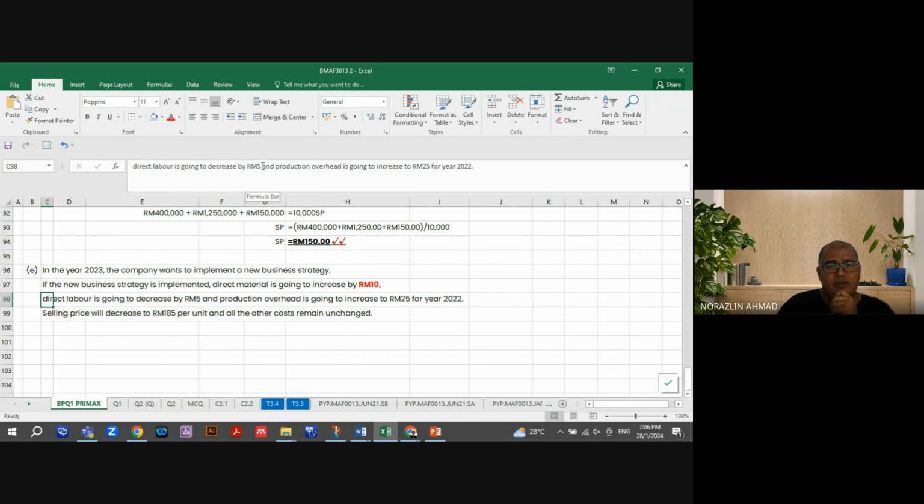Direct labor going to decrease by 5 ringgit, and overhead going to increase by 25 ringgit. Increase, decrease, increase. Selling price decrease to 95 per unit, and other costs remain unchanged.